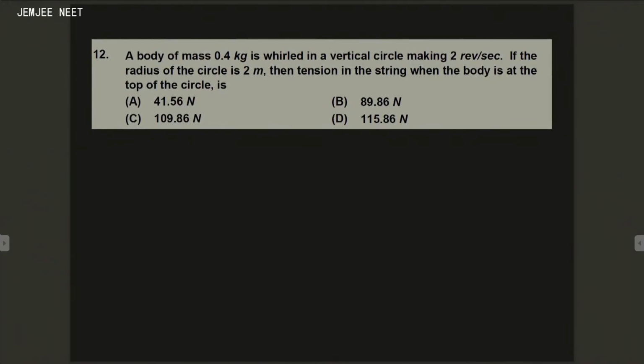Children, option B. Is it option B? Sriram, what is the answer? What is the option? Sriram, you are sitting without saying the answer.